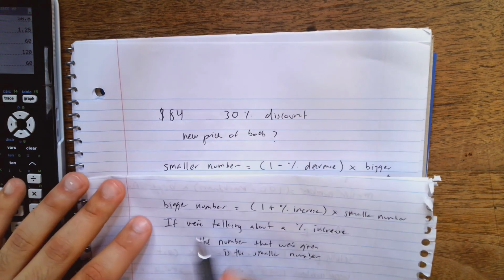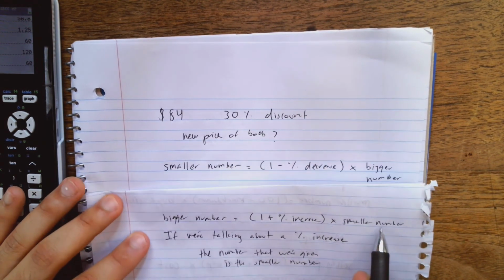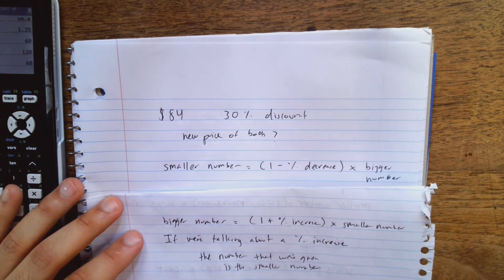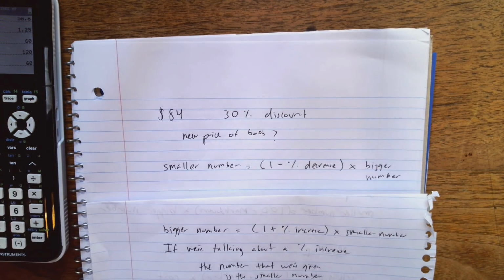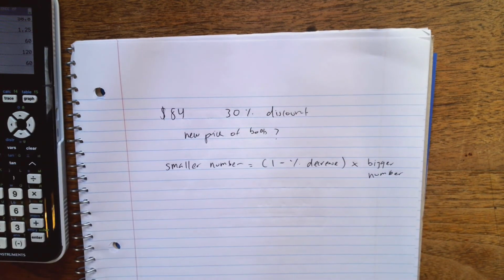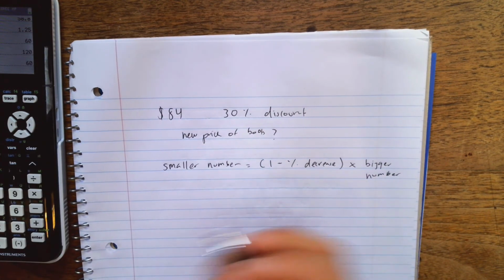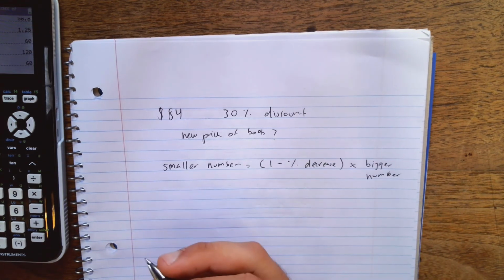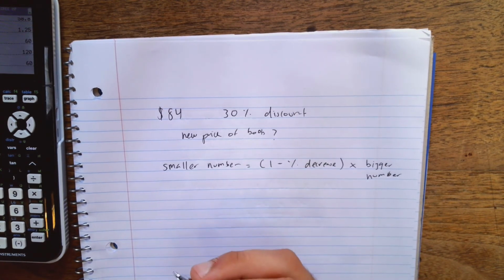Does that look similar to our other equation at all? It's subtracting from 1, and our bigger number is on the other side. That's the only difference. Other than that, we're talking about the same ideas. Also, in percent decrease problems, the number that we're given is the bigger number.